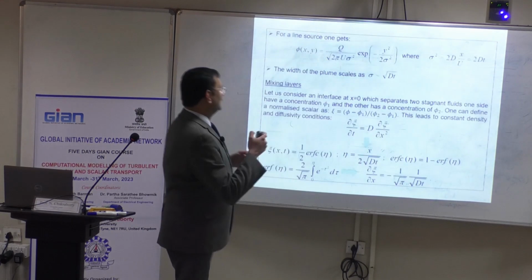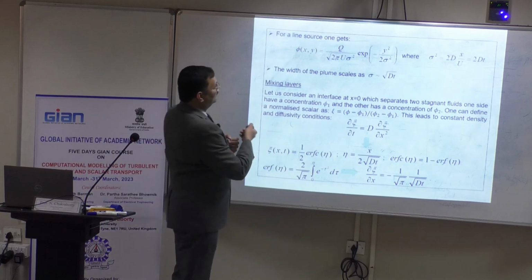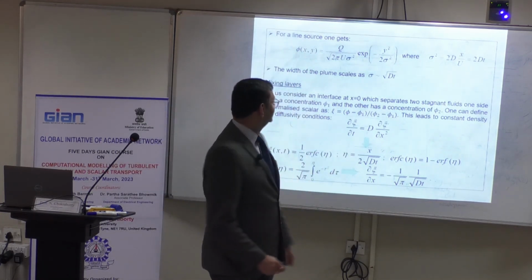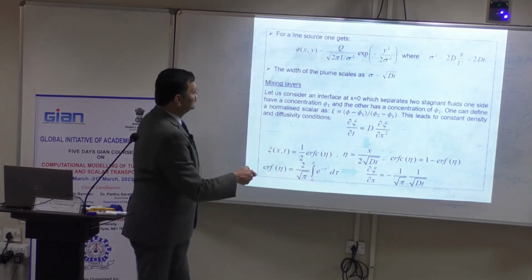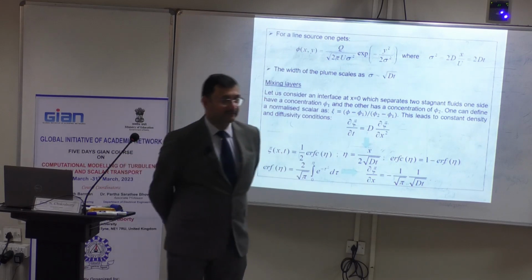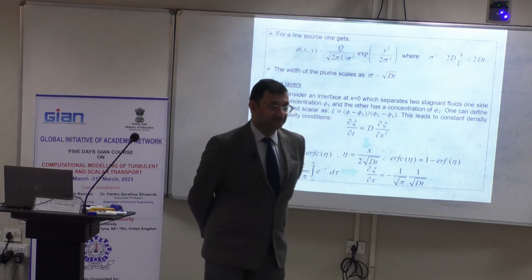Okay. So if, instead of having a point source, I have a line source, you will get this. And the width of the plume, as I mentioned, varies as square root of diffusivity times the time. What is plume?